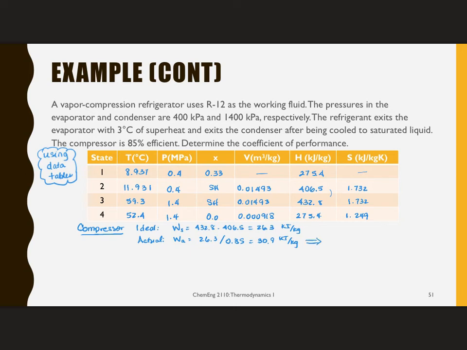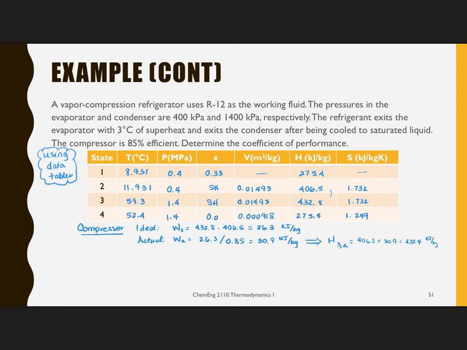This I use to find H3 actual. So 406.5 plus 30.9 gives me 437.4 kilojoules per kilogram is the actual exit to the compressor.